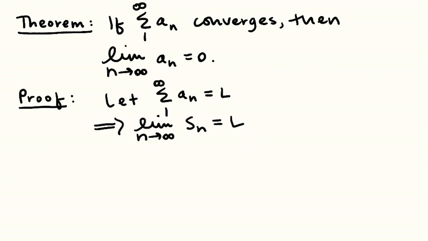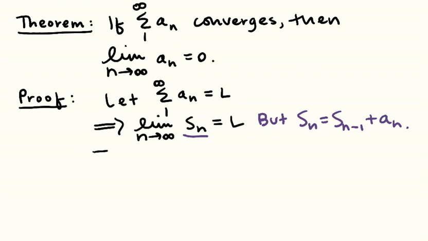But we know that we can get the nth partial sum by taking the last partial sum before that and just adding the next term. And that's what we're going to show goes to 0. So I'm going to make that substitution on Sn right here.